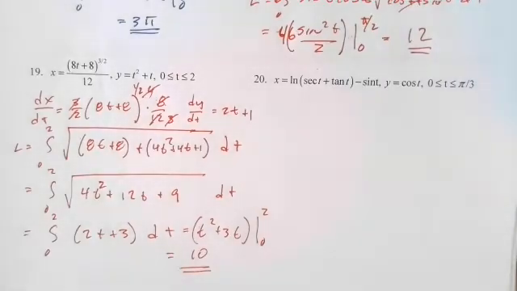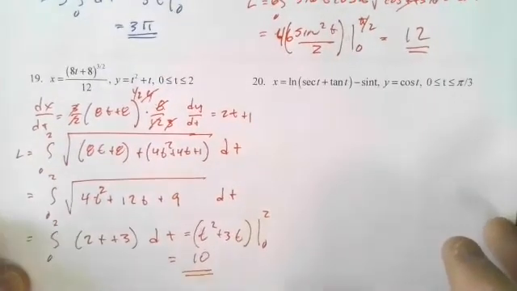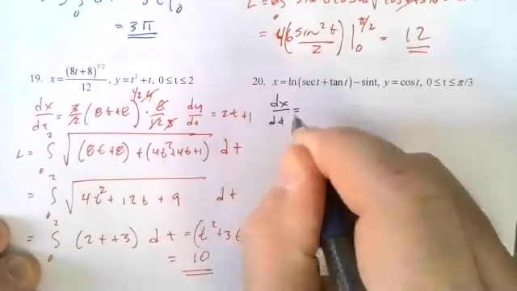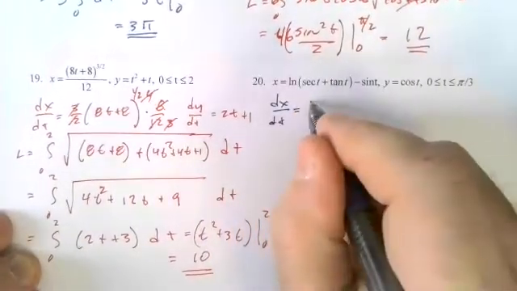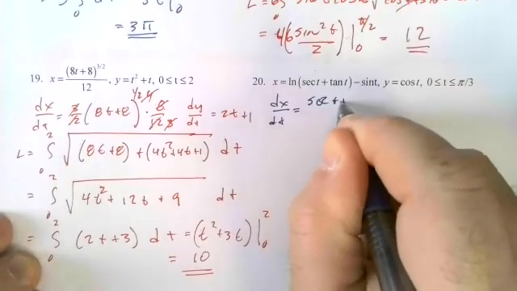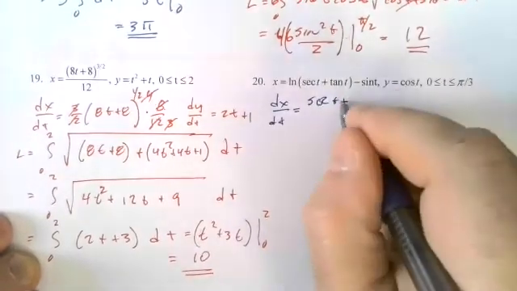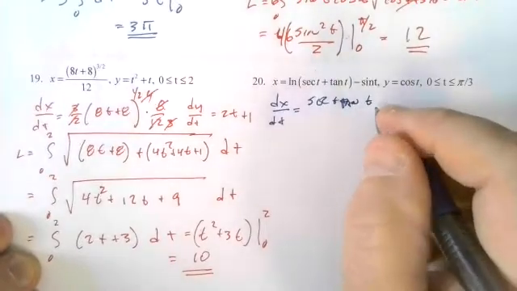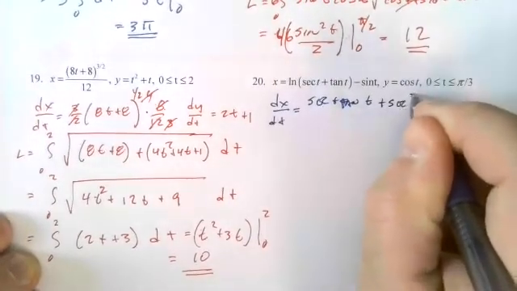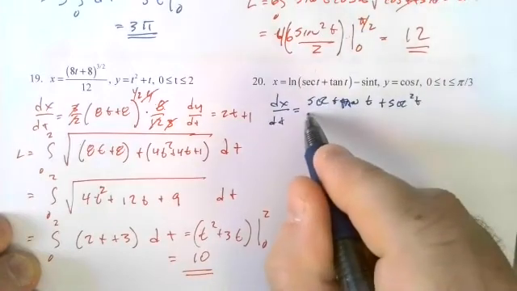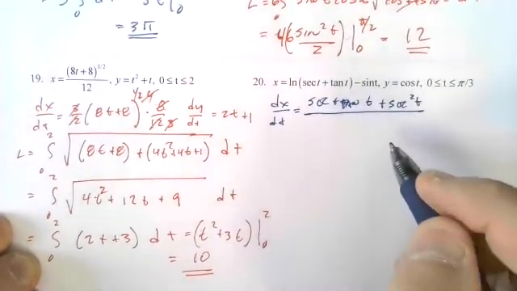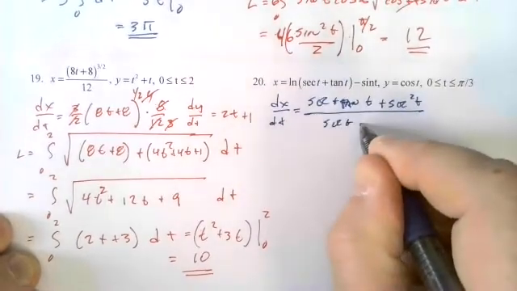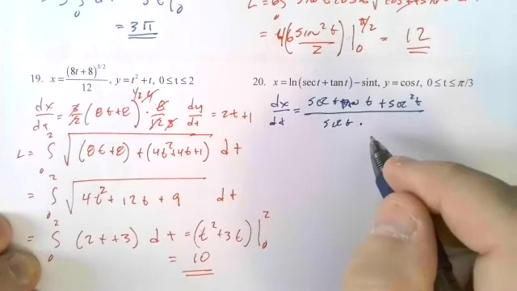That's crazy. All right, this has been fun. dx/dt equals, holy cow, secant t times tangent t plus secant squared t, all over secant t plus tangent of t.